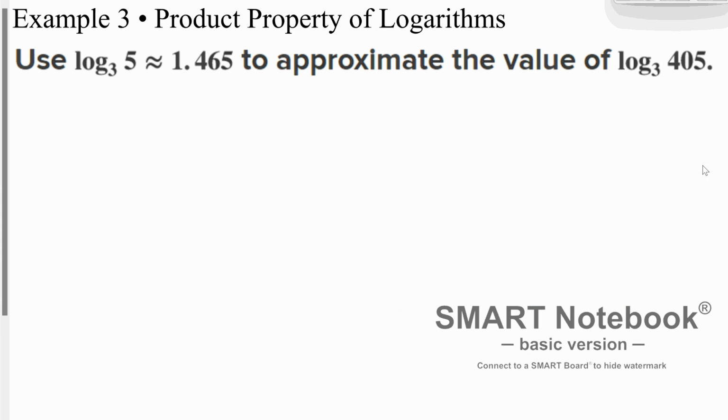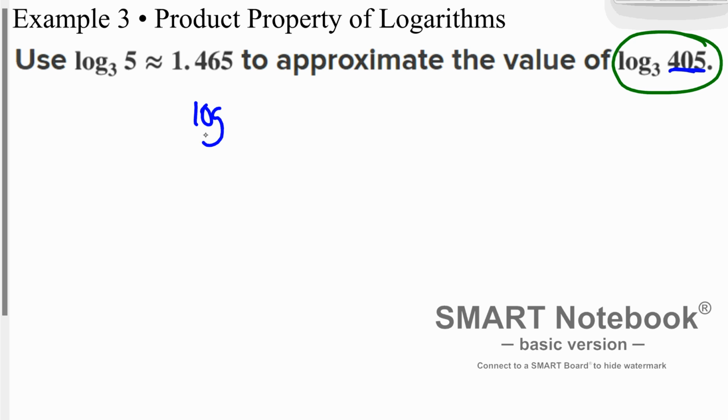Here's example number 3. We're going to use the fact that log base 3 of 5 is approximately 1.465, and we want to figure out what log base 3 of 405 is. Basically I want to turn 405 into a product: 5 times something, 81 maybe.